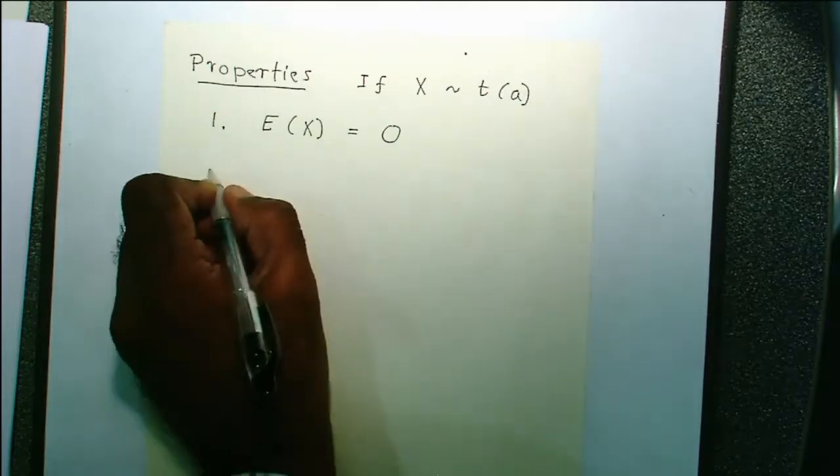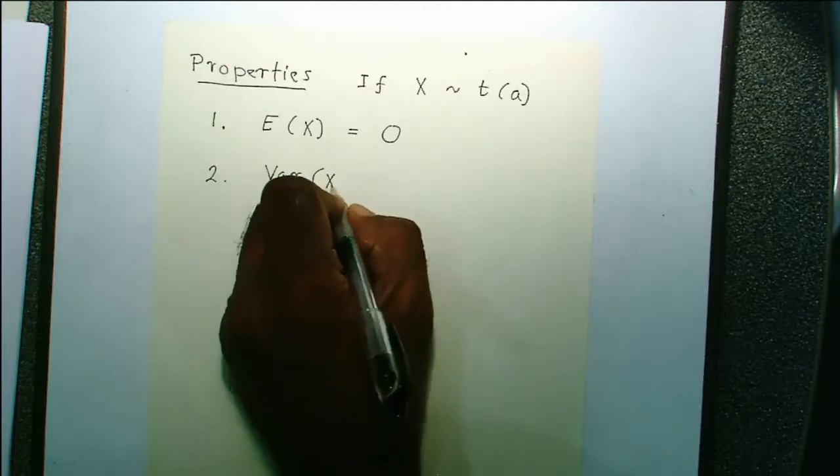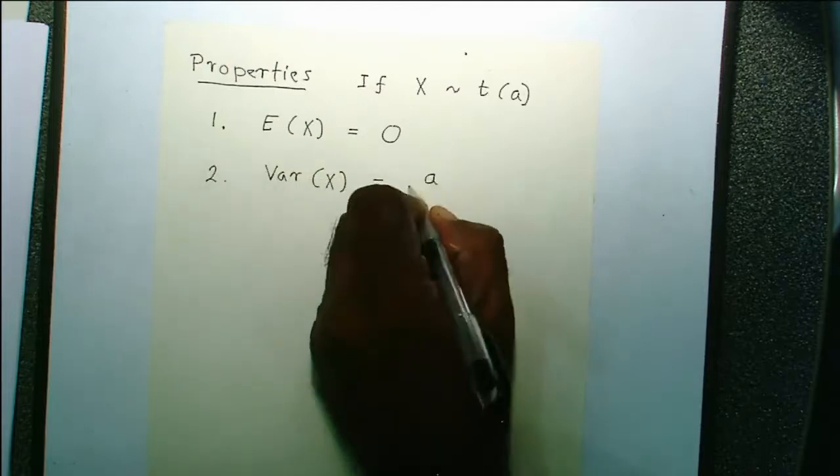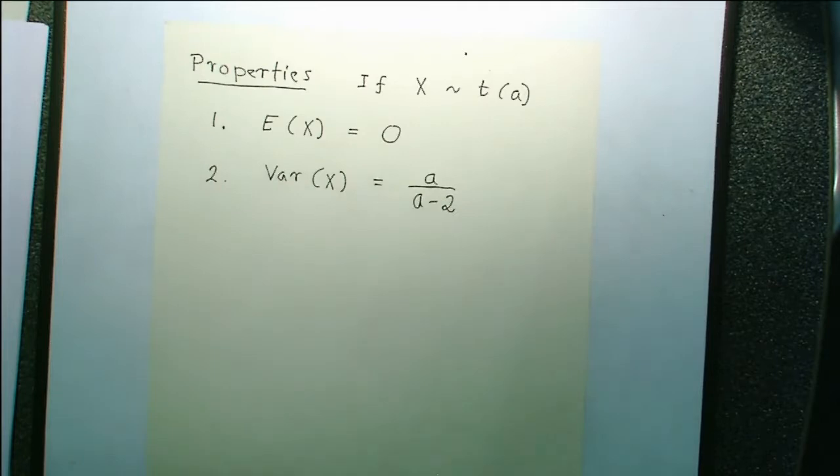Number two, the variance of x is equal to A divided by A minus 2, right?